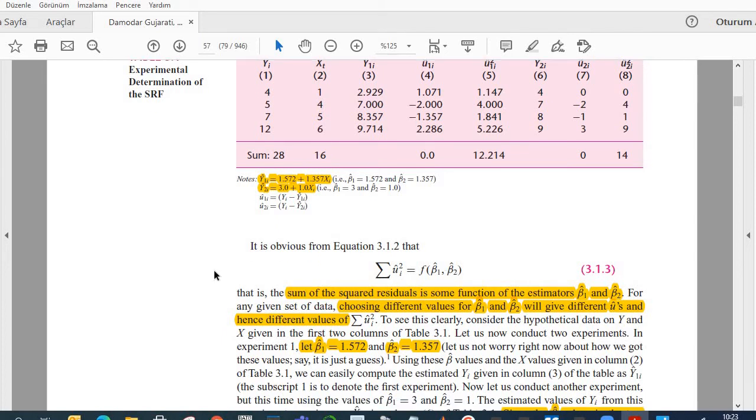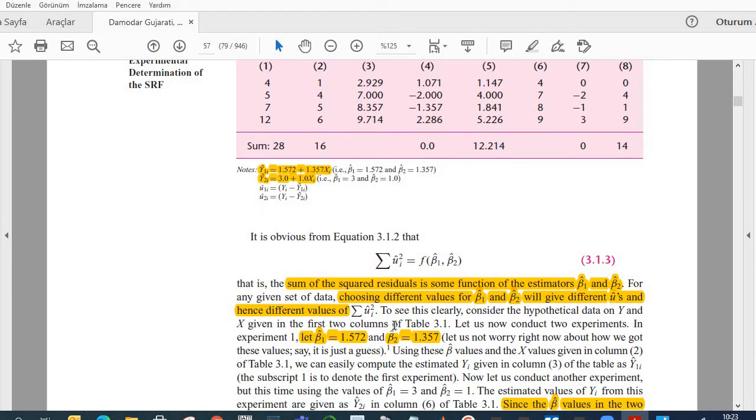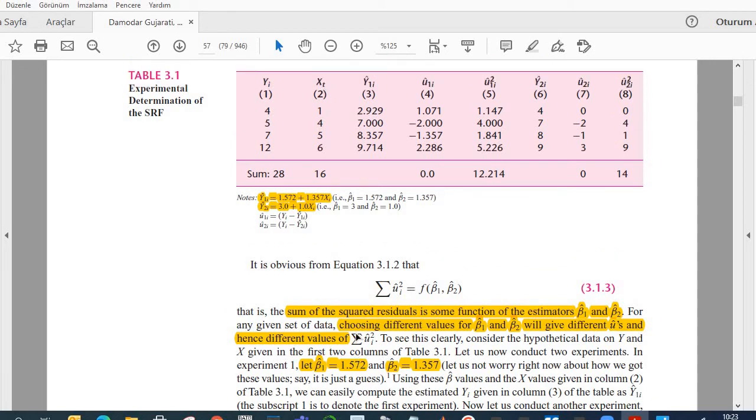That is, the sum of the squared residuals is some function of beta 1 and beta 2 for any given set of data. Choosing different values of beta 1 and beta 2 will give different u's, and hence different values of u squared. To see this clearly, consider the hypothetical data on y and x given in the first column.